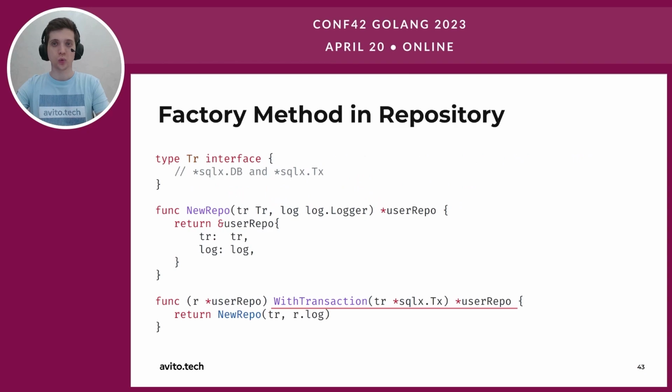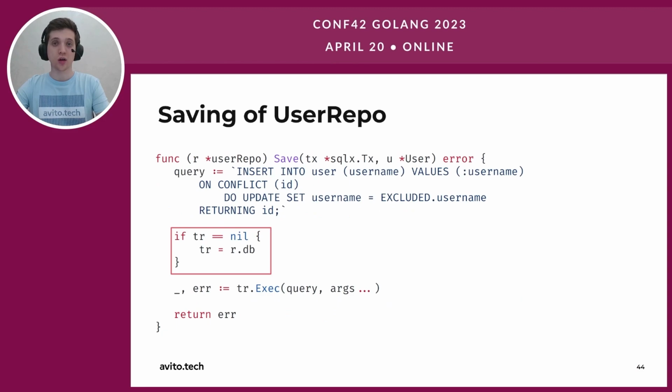Next, I want to hide passing the transaction in the repository. To do that, we can use the factory method in the repository, which enriches our repository with the transaction. The factory method gets the transaction and saves it in our repository, and then we can use the saved transaction in our methods.